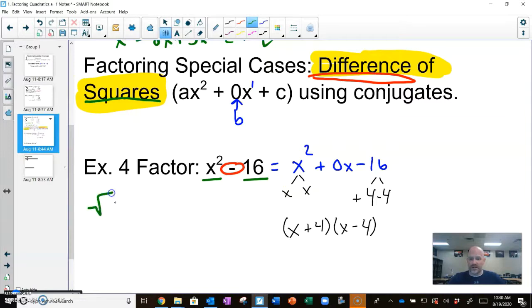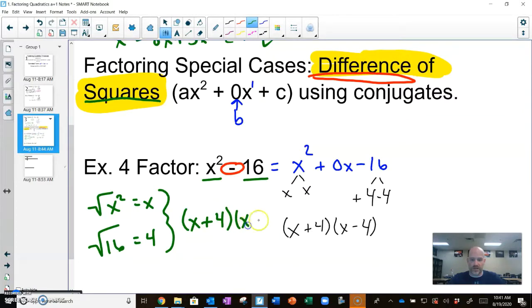I can take the square root of x squared, and that's just x. I can take the square root of 16 because I know that's 4. So using this, I also know that it will factor into x plus 4 times x minus 4. That's the same value we got the old-fashioned way, where we wrote it with a 0 placeholder and did factoring by breaking down.